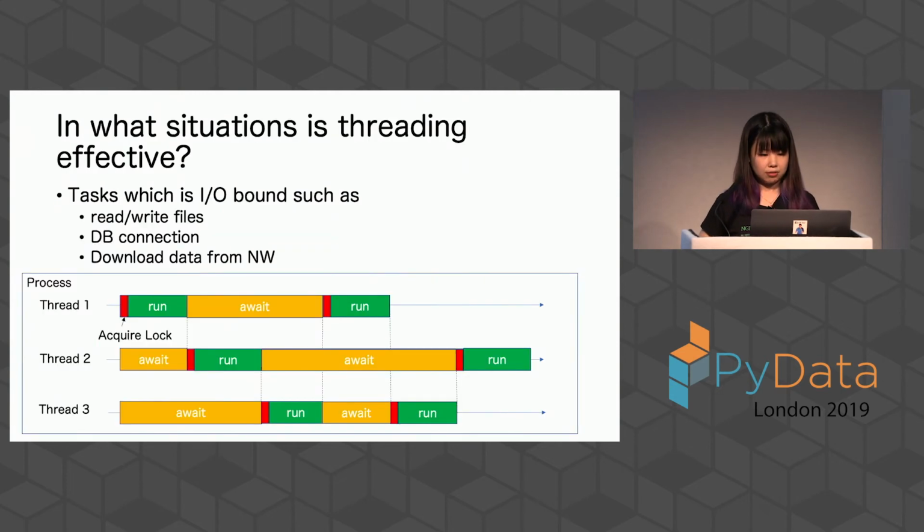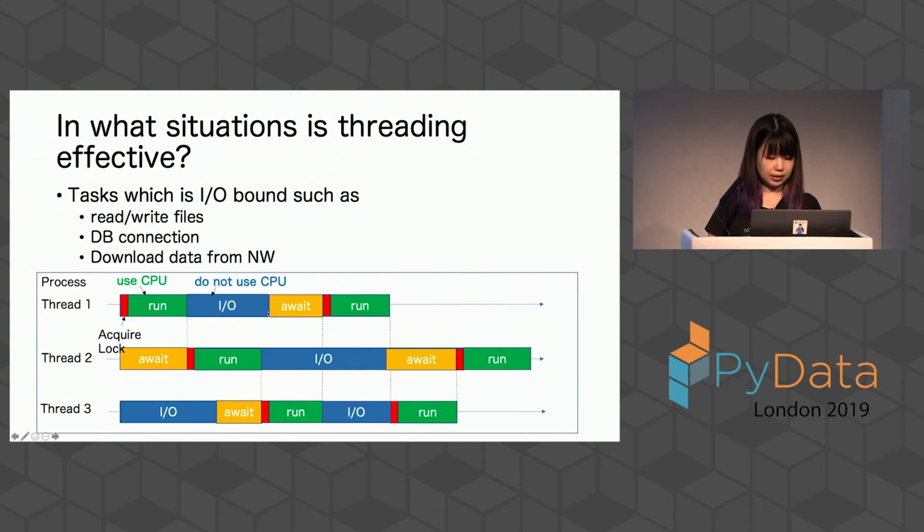But in what situation is threading effective? Threading cannot use the CPU in parallel, but we can do I/O processing while another thread is using the CPU. So it's effective for I/O-bound programs such as reading and writing files, DB connections, or downloading data from networks.